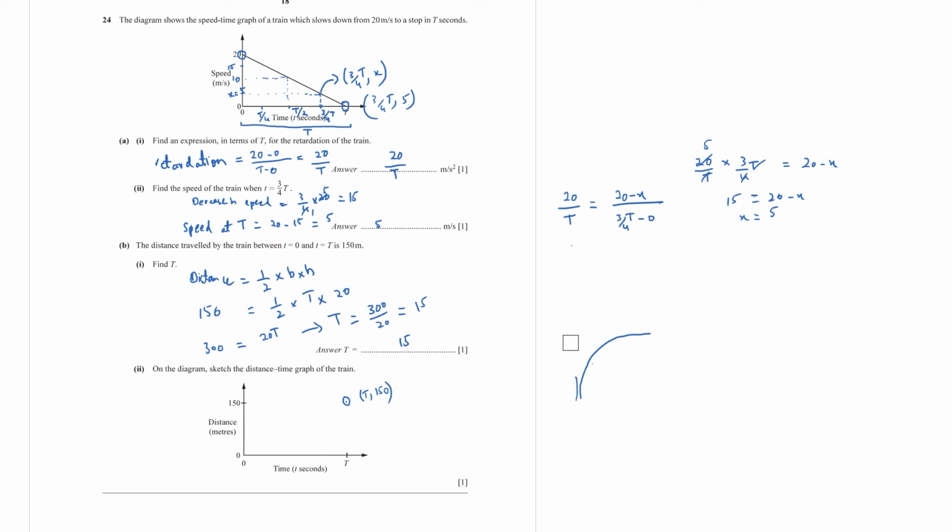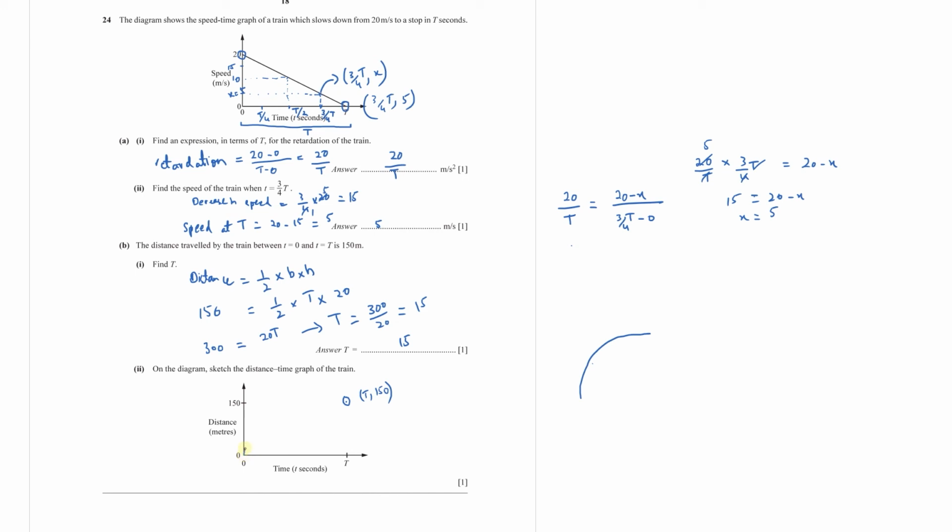Let me just correct it here. So you have a maximum gradient here, and then as you move along, your line starts to become horizontal, and we know that horizontal lines have a gradient of 0. So you have a decreasing gradient for this curve, which is exactly what we want. Your gradient is decreasing, your speed is decreasing. So if this is your distance time graph, your speed would be decreasing. So let me just sketch it here.